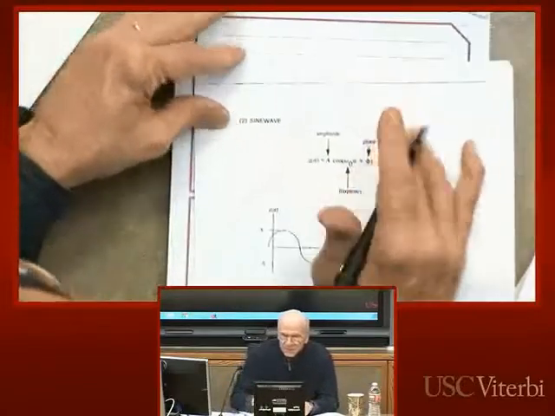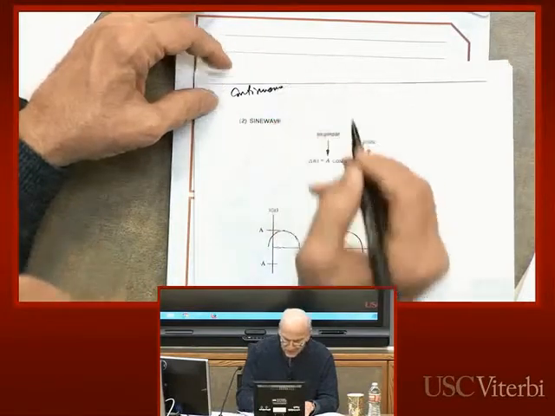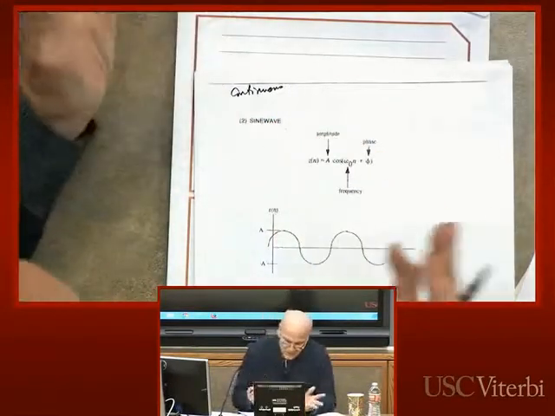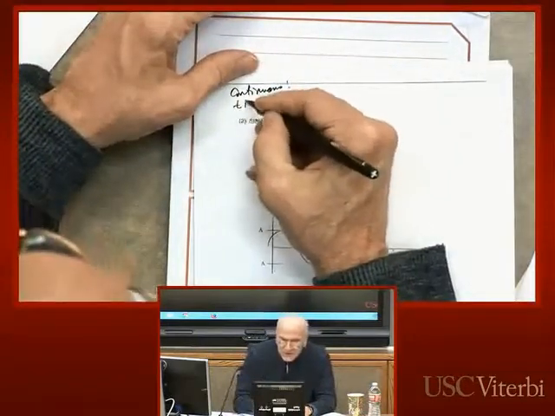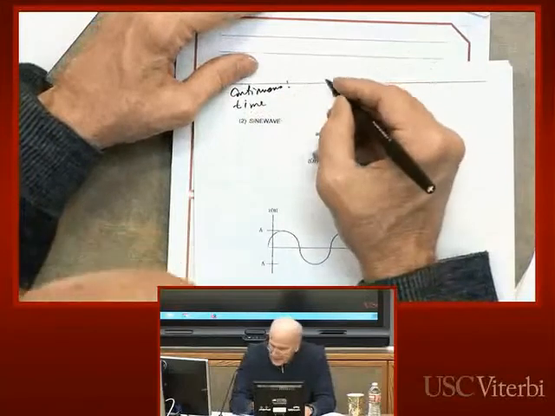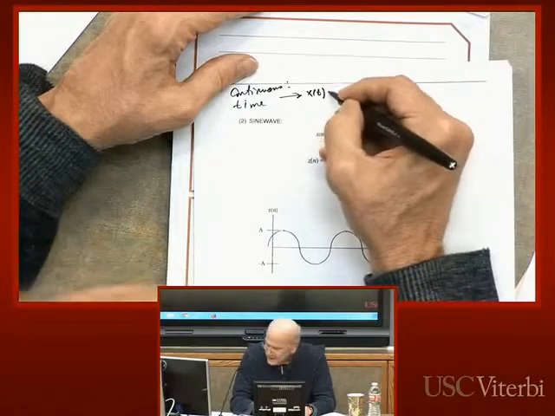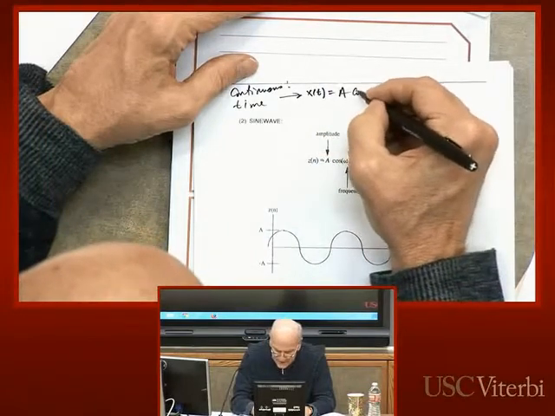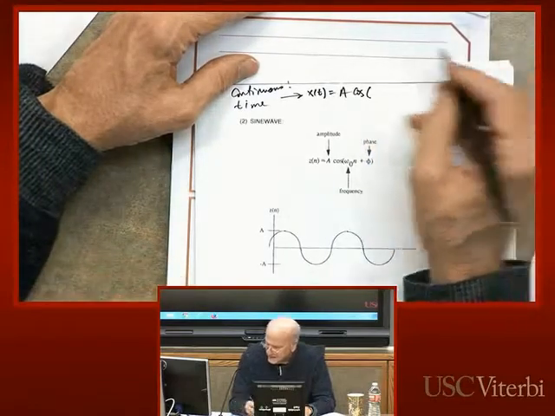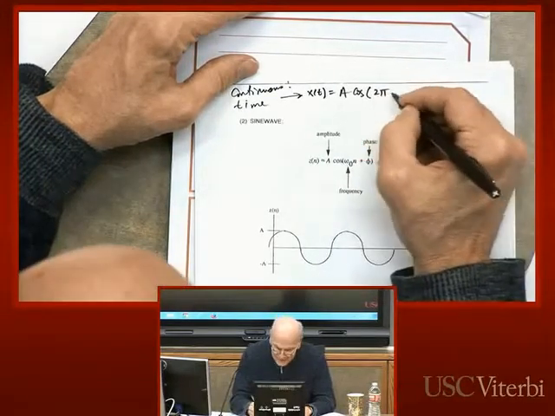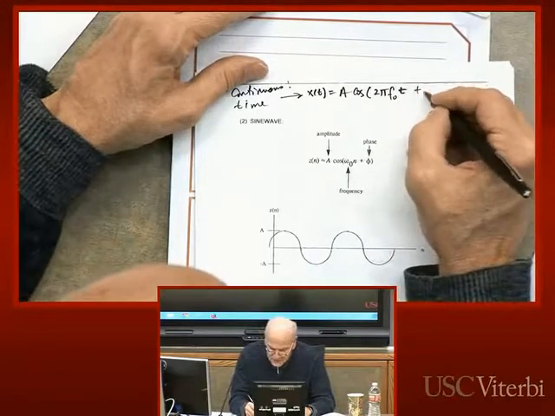Now, one point I should make: presumably many of you have dealt with the discrete and the continuous, or maybe just the continuous. In continuous time, we would also have a continuous time sine wave, and that would look like this: cosine of, I'm going to call it 2 pi f naught t plus phi.